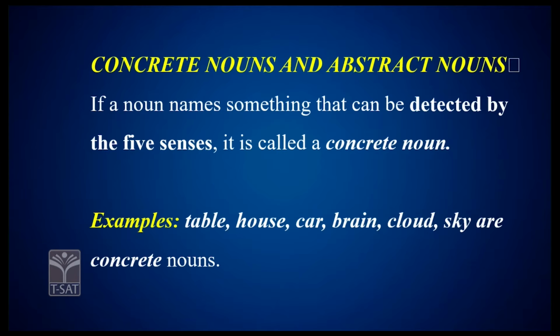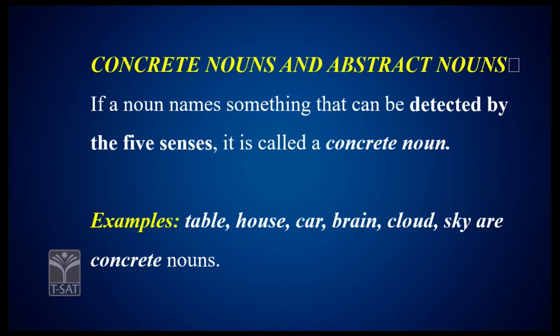The third category, concrete nouns and abstract nouns, right? First we see the concrete noun. If a noun is something that can be detected by the five senses, it is called a concrete noun. We have five senses, right?